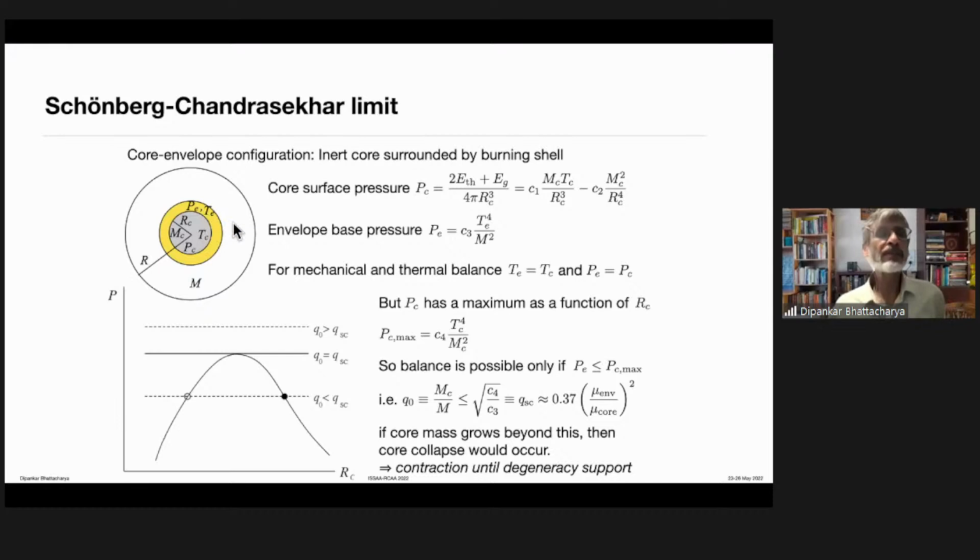So we are trying to see if such a structure can be stable. Now, the surface pressure of the core Pc and the interior quantities mass and radius can be connected through the virial theorem that we derived earlier.